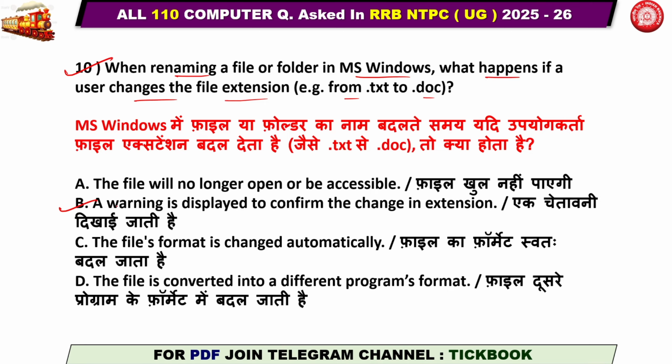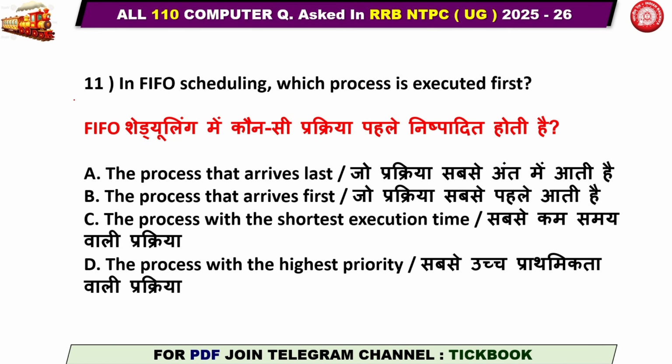Option number B, a warning is displayed to confirm the change in extension. Question number 11, in FIFO scheduling, which process is executed first? Option number B, the process that arrives first.